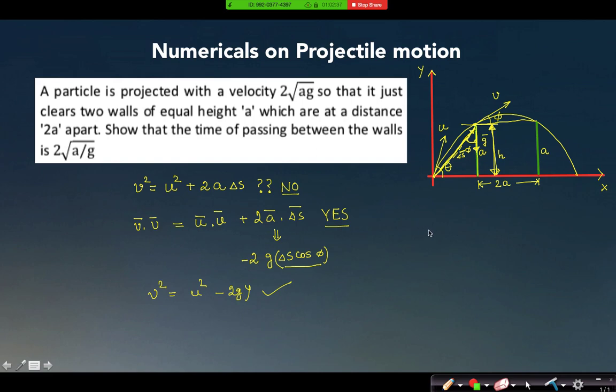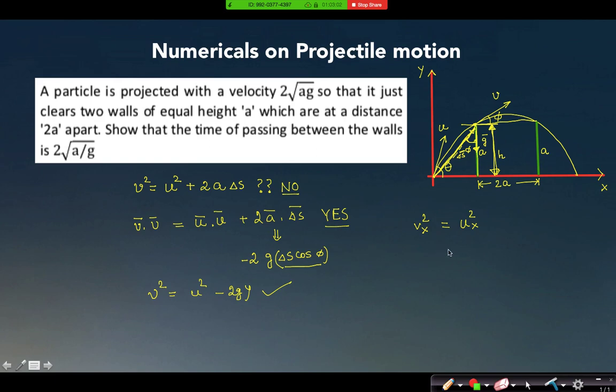What is Vx at this point? Can I say Vx and Ux are always the same? So can I say Vx square equal to Ux square?